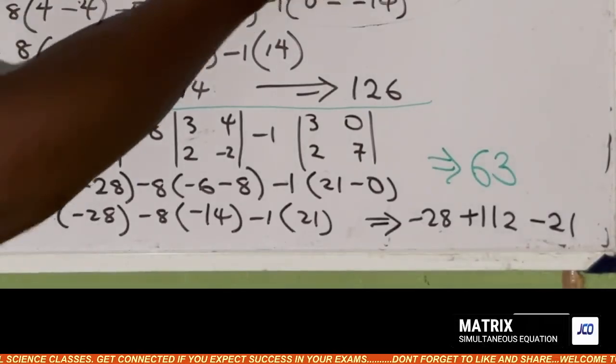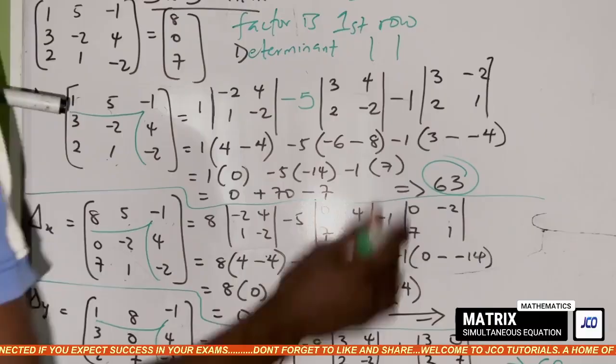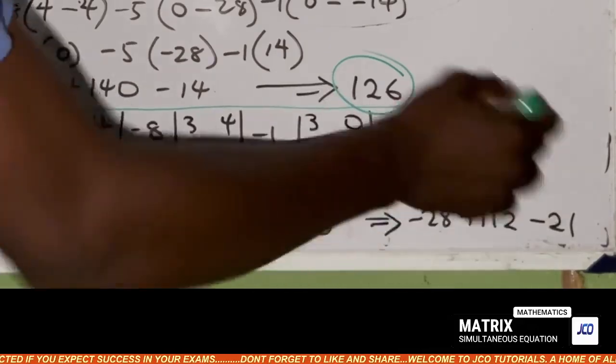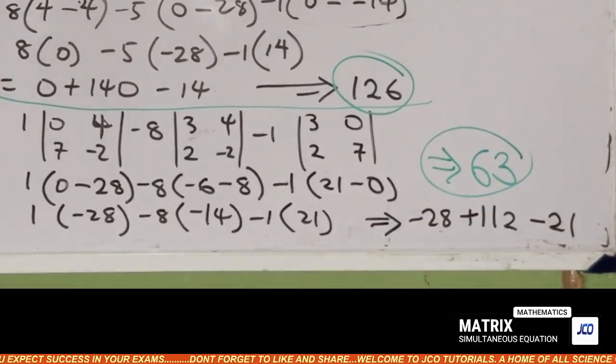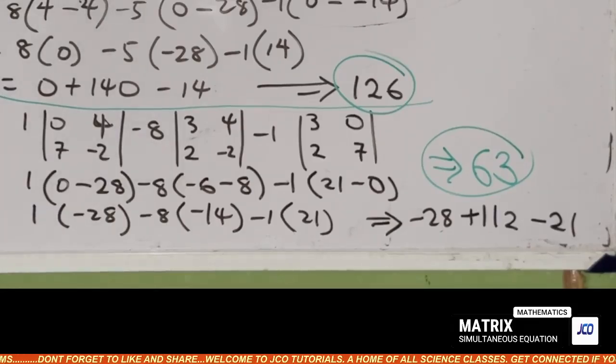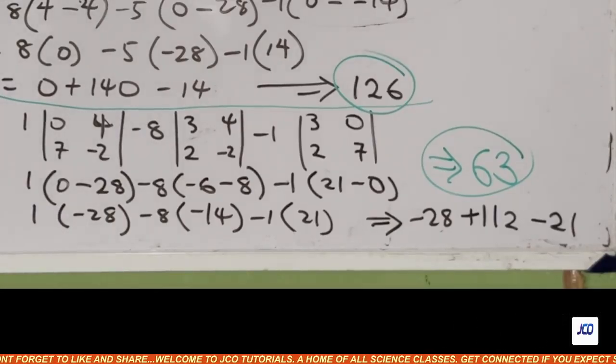So we've gotten the first value, which is determinant, second value, determinant of x, third value, determinant of y. Then we will go for determinant of z, which is this. So let's clean the top section.